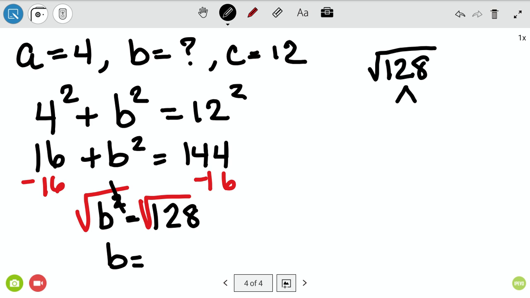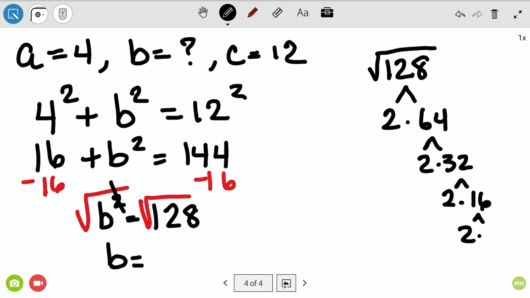So I'm going to take 128 divided by 2, and I'm going to get 64. Yep, 2 and 32. 2 and 16. 2 and 8. 2 and 4.